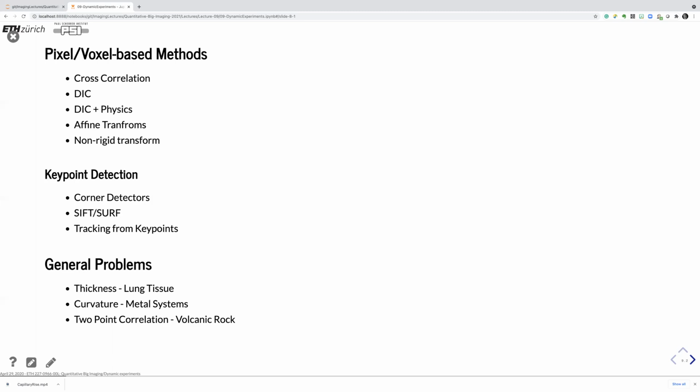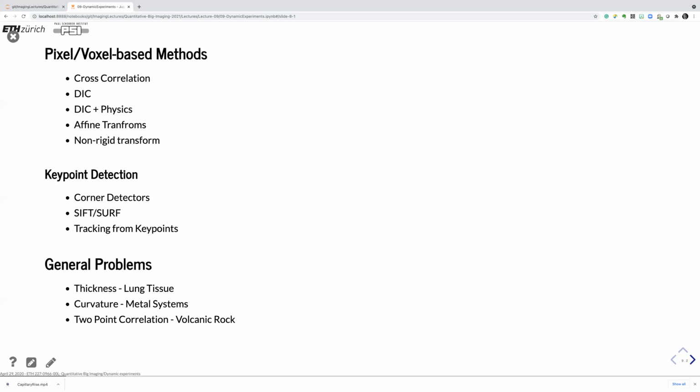You can also look at affine transformation or non-rigid transformations from frame to frame. These all look into how the pixels are changing, but you can also go one abstraction level higher and look at key points, identifying characteristic points throughout the image and use those for your tracking.